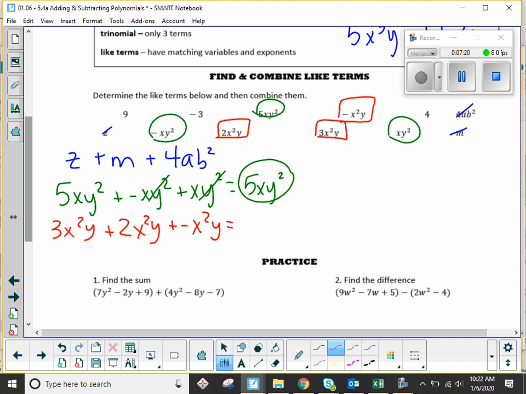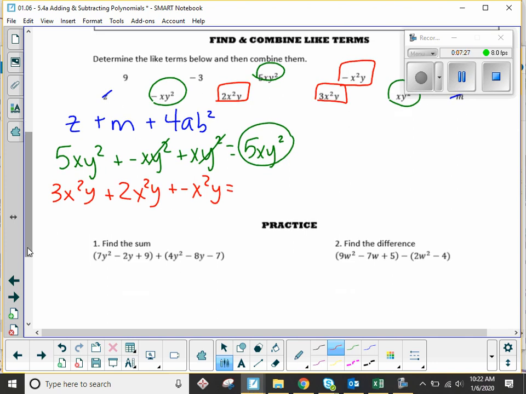So here's the rule I need you to understand about adding or subtracting polynomials. You only do the math on this part. The powers are not going to change. So it's like you're saying, look, I have 3 of these x squared y's.